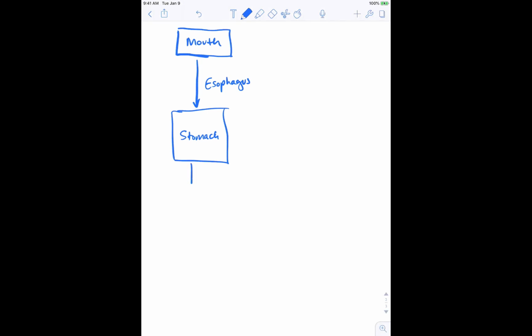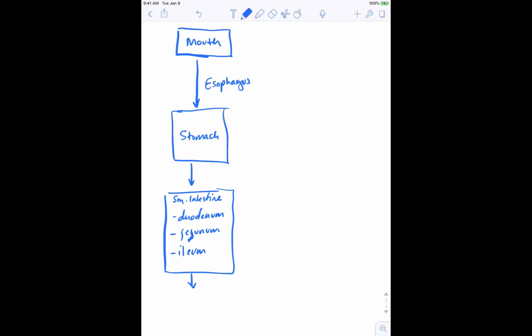Then from the stomach, it goes into the small intestine, which is split up into the duodenum, jejunum, and the ileum.